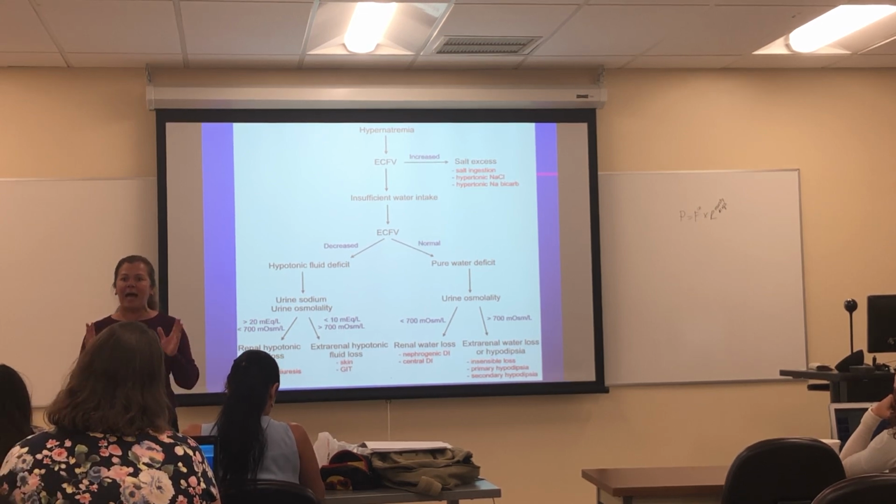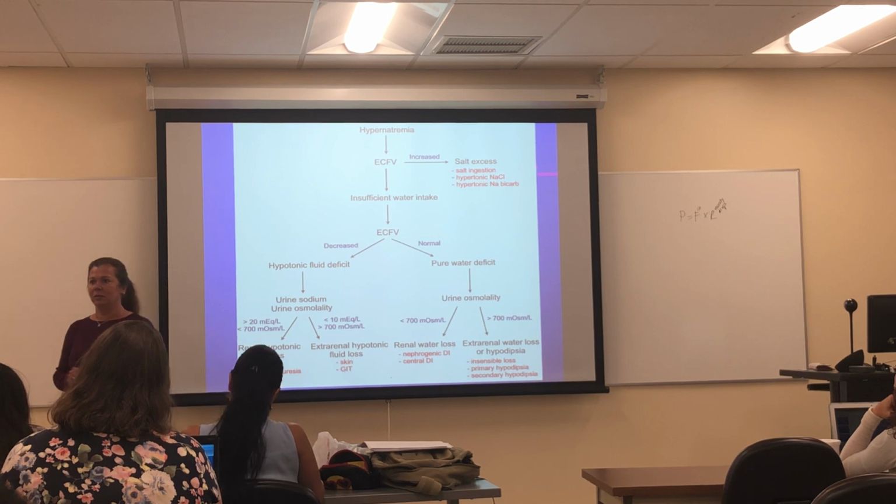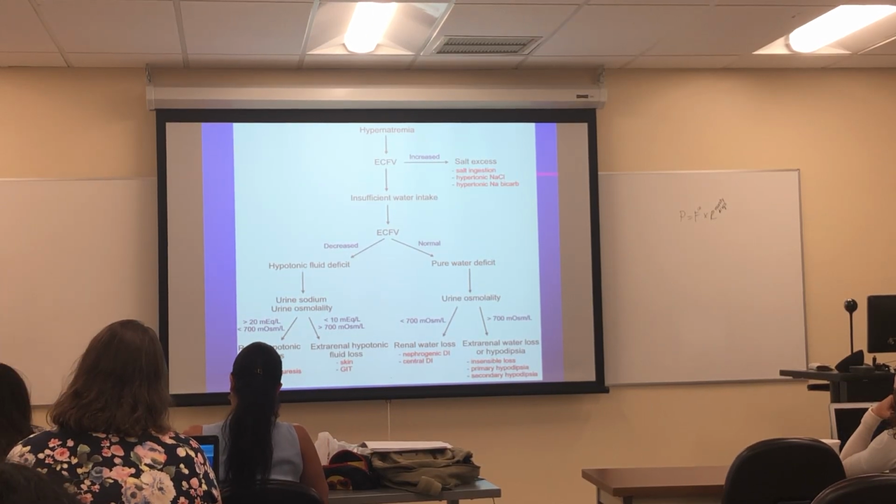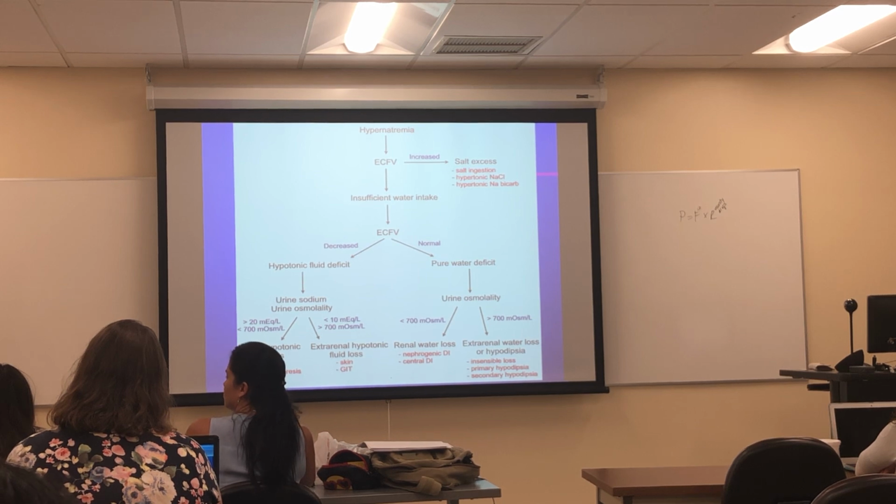Right? You have a hypernatremic patient. Look at the volume status of the patient. Is the patient dehydrated? Same question you had in hyponatremia. If my patient is dehydrated, then what do I have to care about next? Urine sodium, right?